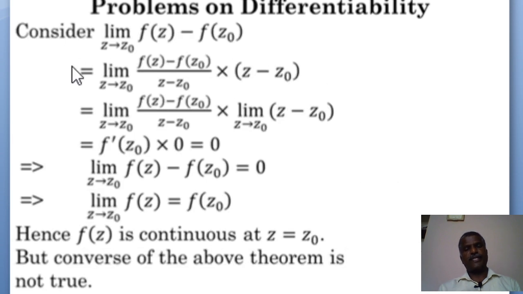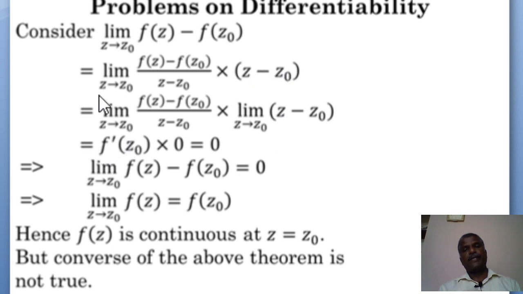So for that we consider the limit of f of z minus f of z naught. We have to use the definition of differentiability, so we multiply and divide by z minus z naught. This limit becomes f dash of z naught, and the other limit, z naught minus z naught, is 0.